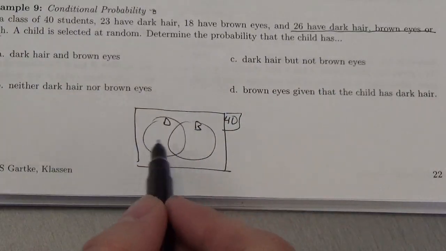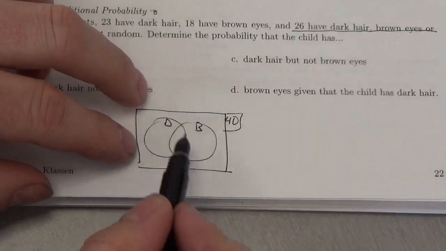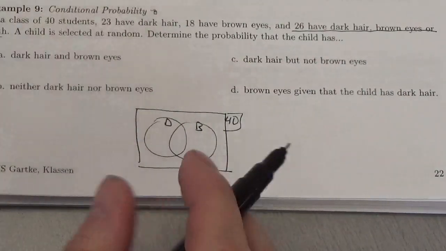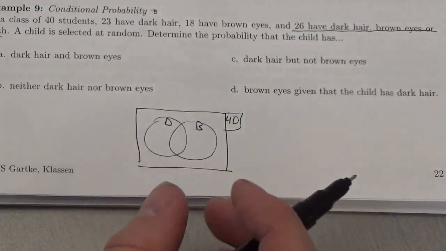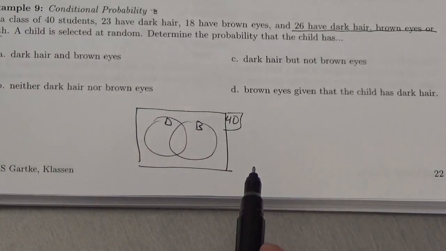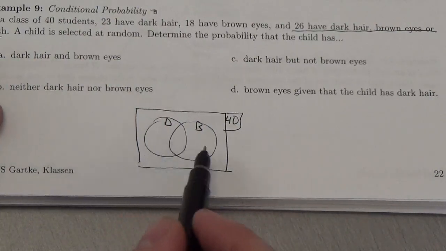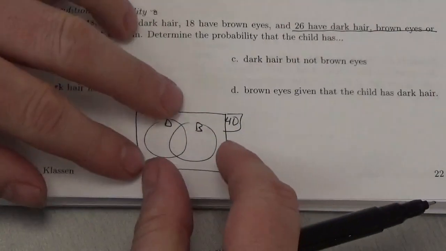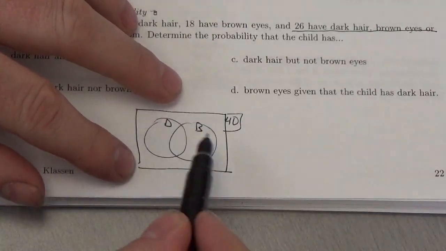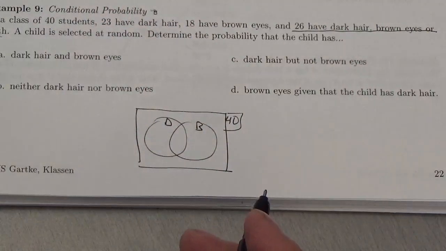Okay, so together these three sets I should say, just dark hair and brown eyes, those three together end up being 26. But if you take the 23 people that have dark hair and add the 18 people that have brown eyes, I'm getting 41 people total. So between this set and this set, I've got 41 people, but that means I've overlapped quite a few of them.